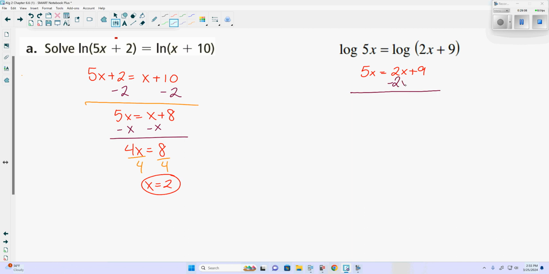We would indeed subtract 2x. 5x minus 2x is 3x, because 2x minus 2x would be 0, leaving us with 9. And last but not least, we would divide by 3, telling us x is 3. And that's it.